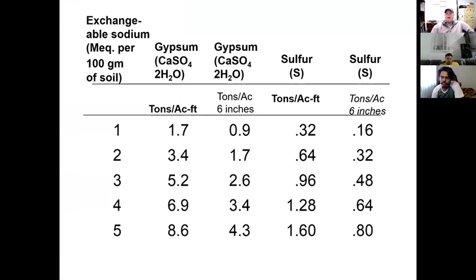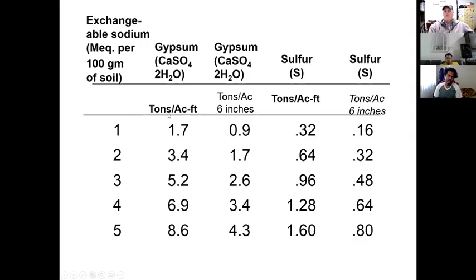So looking at the amount of gypsum that we need to add in order to make a similar effect, let's compare these bolded columns. Take a look at this column right here and this column right here.